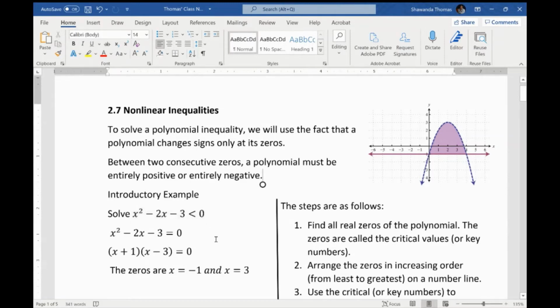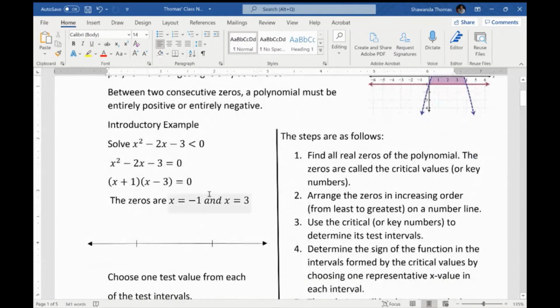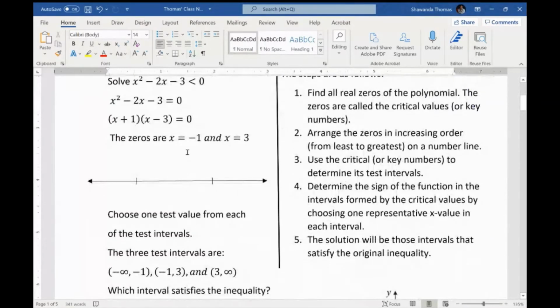So what we did was we found the zeros. How did we do that? Well, we factored, we set each factor to 0, and then we made sure our numbers were in order, the lowest number first. So we put -1 and 3 on our number line, and we tested intervals.